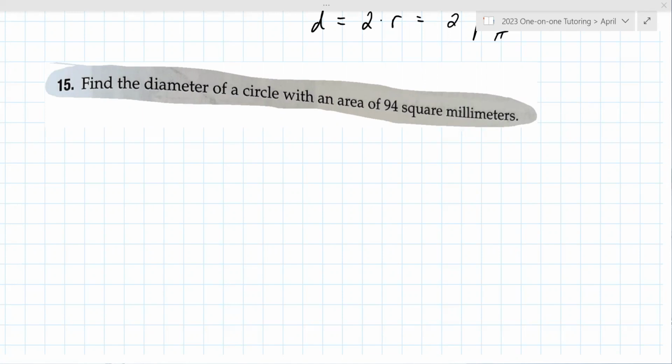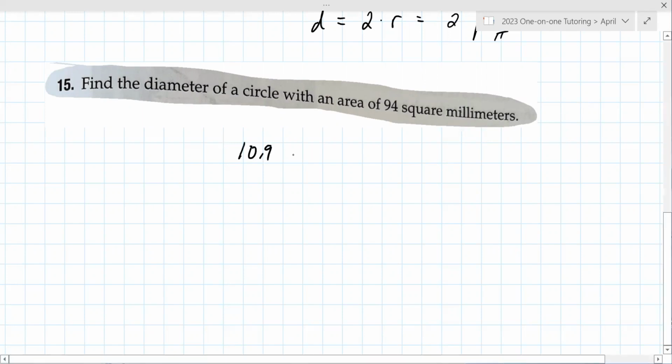I got 10.9 millimeters. Very good. Perfect.